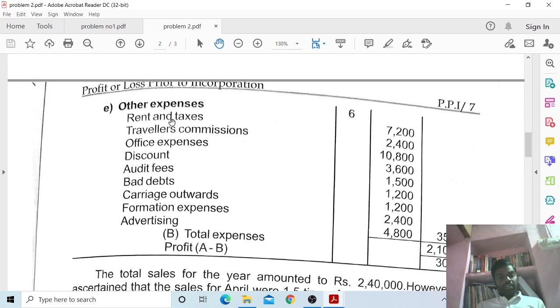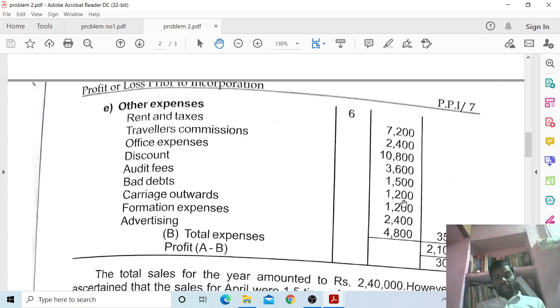Next, other expenses, note number 6. Under other expenses: rent and tax 7,200, traveler commission 2,400, office expenses 10,800, discount 3,600, audit fees 1,500, bad debts 1,200, carriage outwards 1,200, formation expenses 2,400 and advertising 4,800.